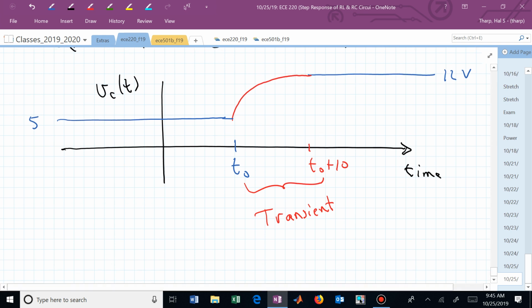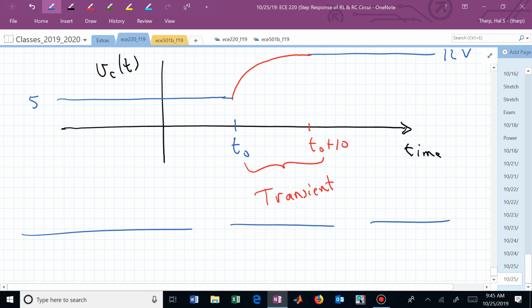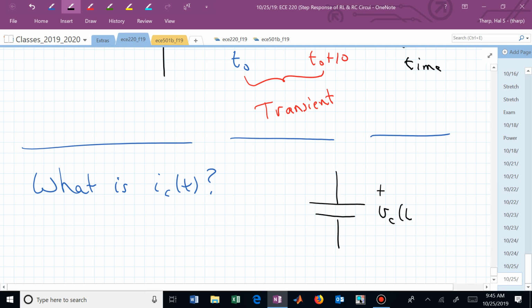What's the current look like in our capacitor in this example? What is I sub c of t? And here I'm saying I sub c, if this is now our voltage, there's I sub c.